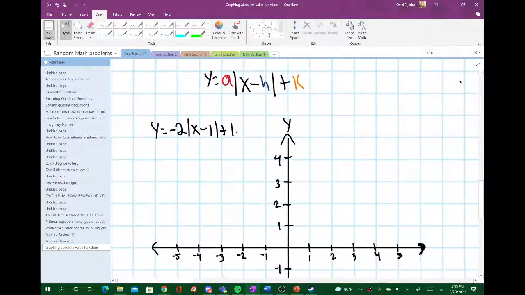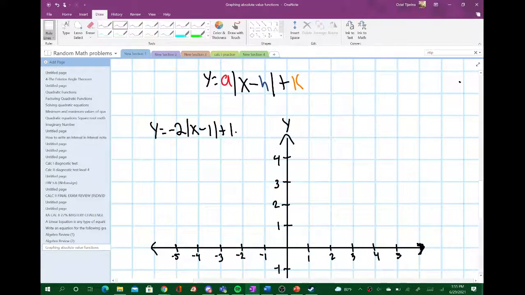Here, your A is negative 2, right? Because right here is where your A value is. Your h is right over here. And then your k value is right over here, okay? So, in reality, let me go ahead and write that down.